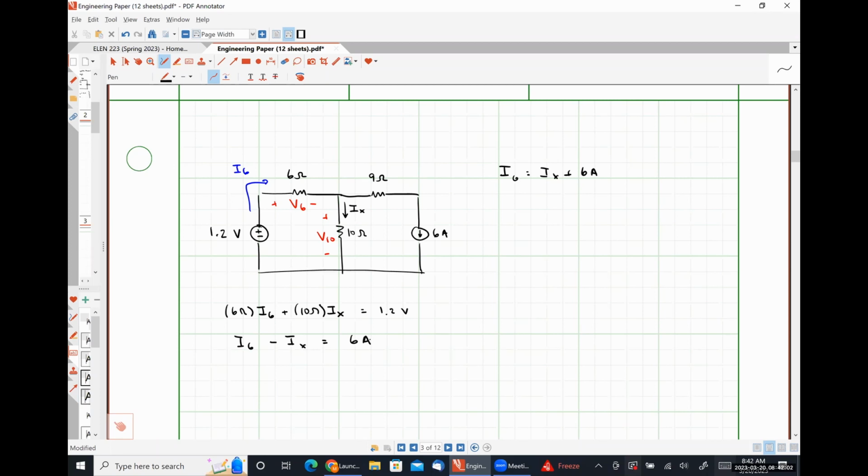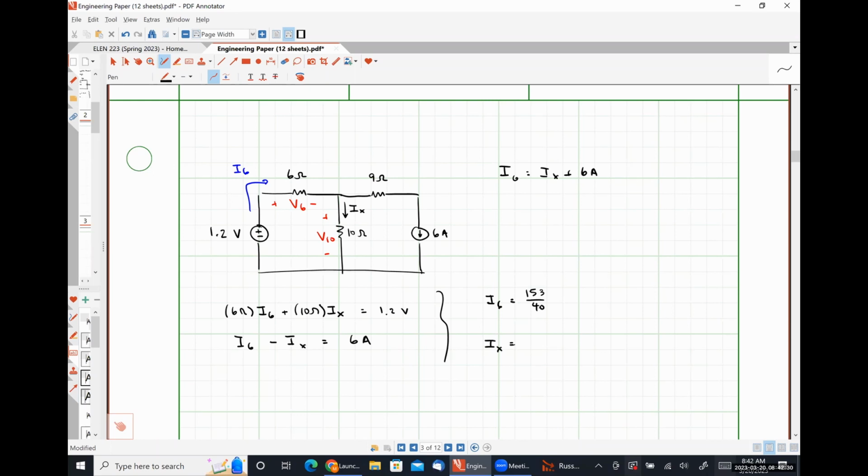Let's solve these. So +1, -1, +6. I get I6 is equal to 153 over 40.